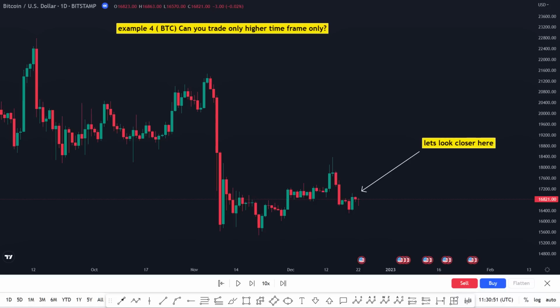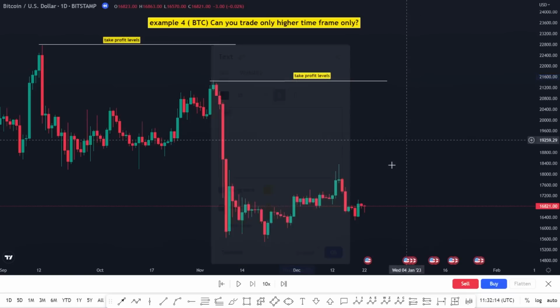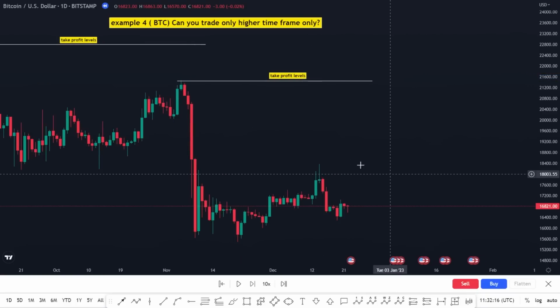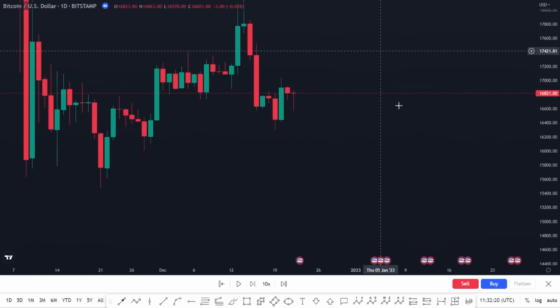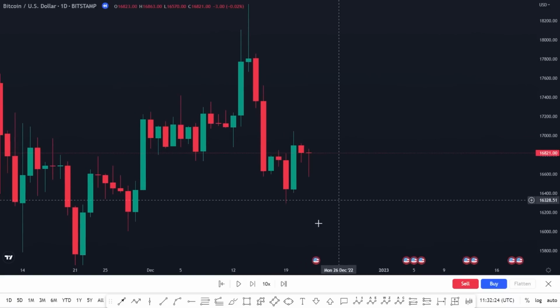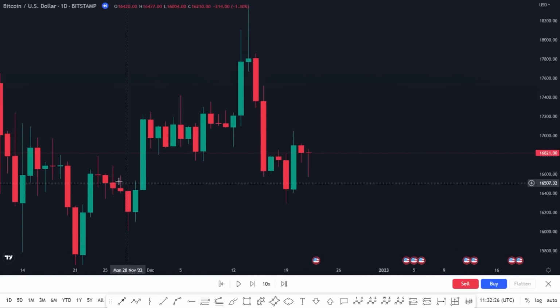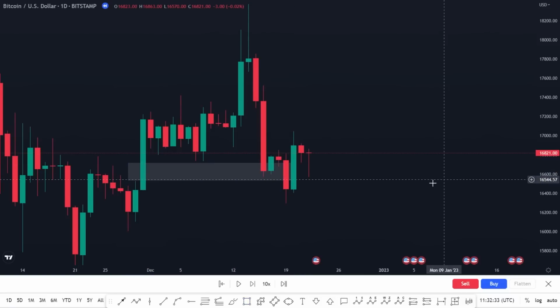Let's do this Bitcoin on the daily time frame with some mood. We will start by marking our previous highs for take profit levels. We can also see that price action filled this fair value gap.